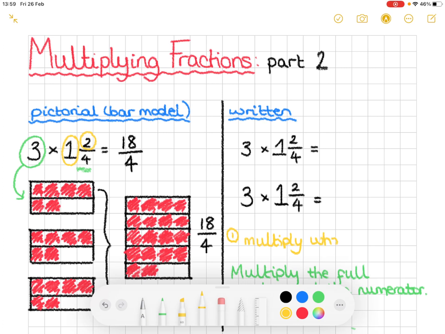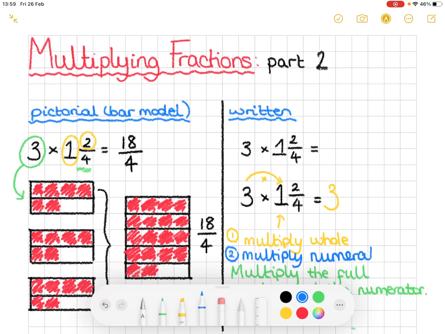Okay, so the first step we're going to do, so step 1, multiply the whole. And the whole is this number here. Okay, so we know that 3 times 1 is 3. And then the second step, if I change colours, so step 2, multiply numerator.